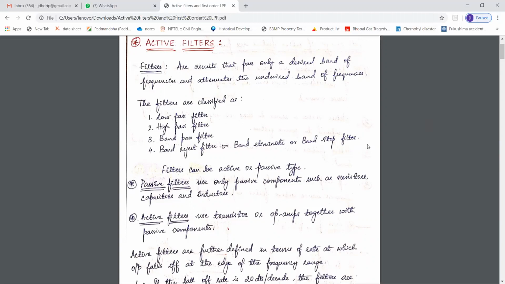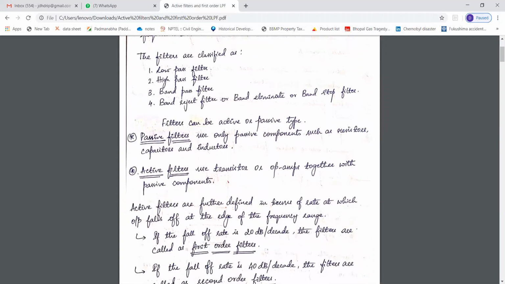They can also be classified as low pass filter, band pass filter, high pass filter, and band reject filter, which is also known as band eliminate or band stop filter. We'll come to know about all these four filters in the upcoming sessions.